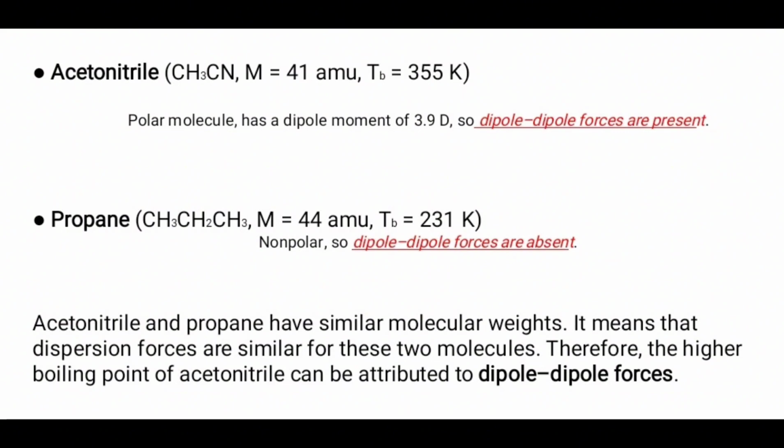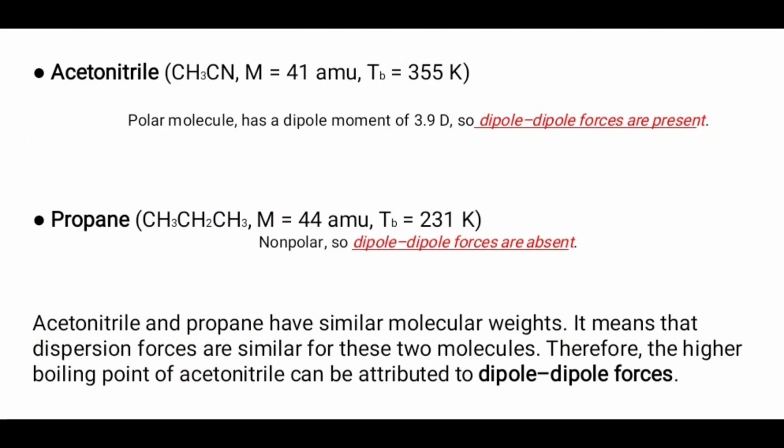That means that between acetonitrile molecules there are dipole-dipole forces present. If we consider propane, propane is a non-polar molecule. It has no dipole moment, or even if it has one, it's very low, close to zero. So propane is nonpolar. Of course, if it's nonpolar, or we can say apolar, it does not create a dipole.